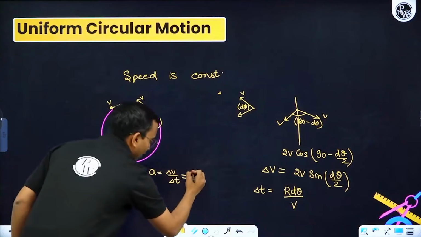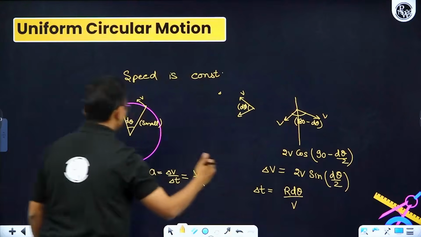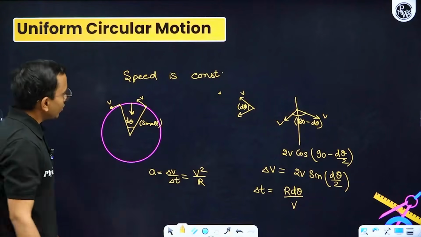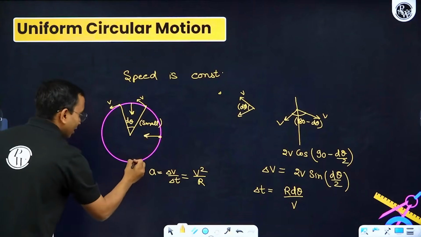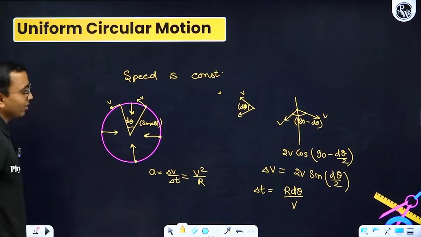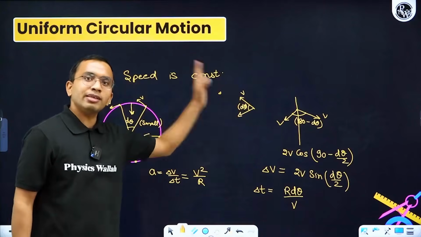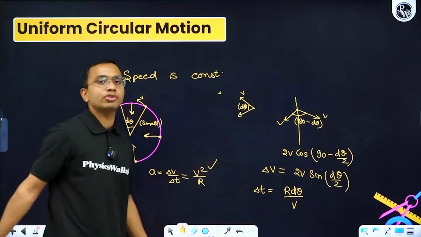It will become v square by r. What is the direction? Along the bisector, which means towards the center. So the centripetal acceleration, if the particle is here, will be in this direction; if the particle is here, it will be in this direction. When uniform circular motion is there, only centripetal acceleration is there. Tangential acceleration is 0 and centripetal acceleration is v square by r, towards the center.